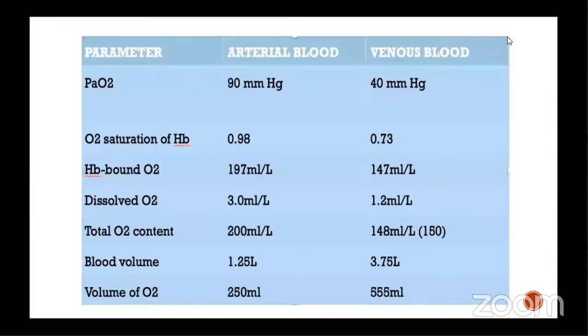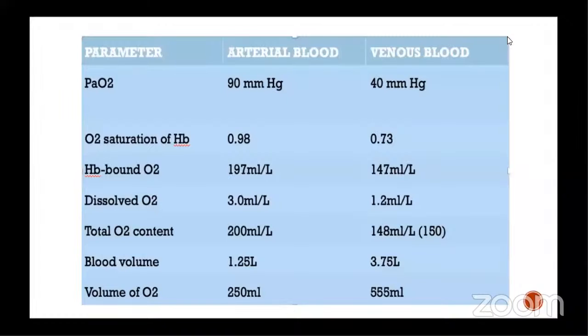If we take into consideration the cardiac output, looking at the table, most of the blood is available in the reservoir, the venous circulation, about 3.7 liters, and about 1.25 liters in the arterial circulation.